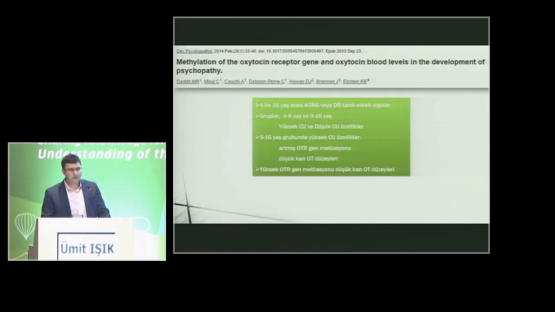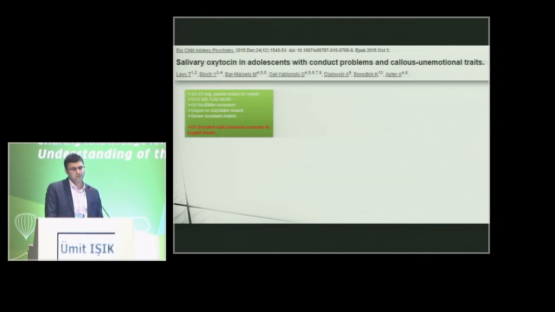And we'll look at blood trials. It is from 2014. Here you can see behavioral disorder males between 4 and 16 ages are evaluated. Low callous abnormalities, high callous abnormalities are evaluated, and you can see high increased levels of abnormalities have been found to be related with low levels of oxytocin. It is from 2015.